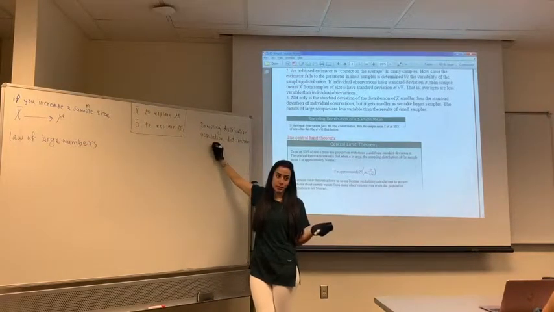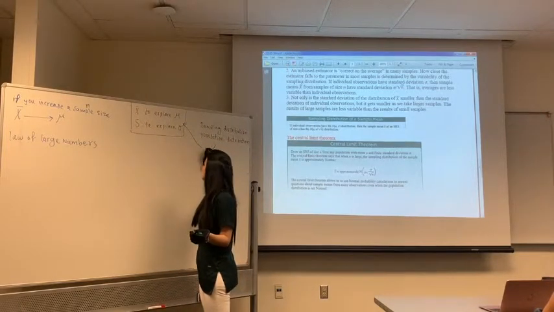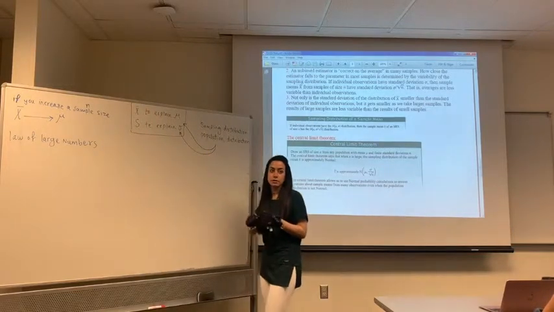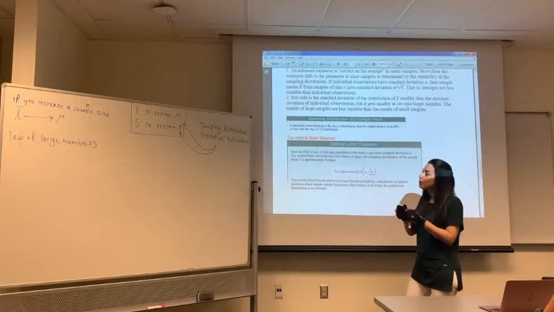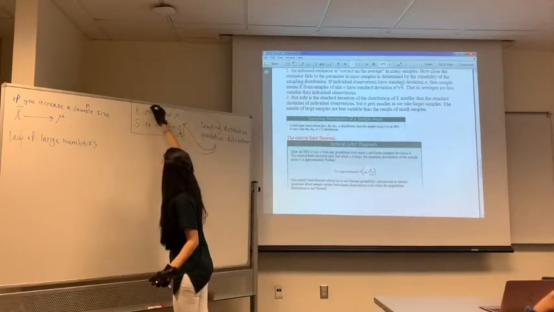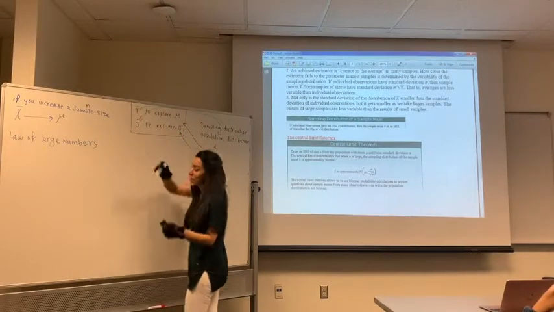Population distribution is a distribution for parameters. These two are parameters. So the distribution of these parameters. Sampling distribution is a distribution for whatever we have in our sample.